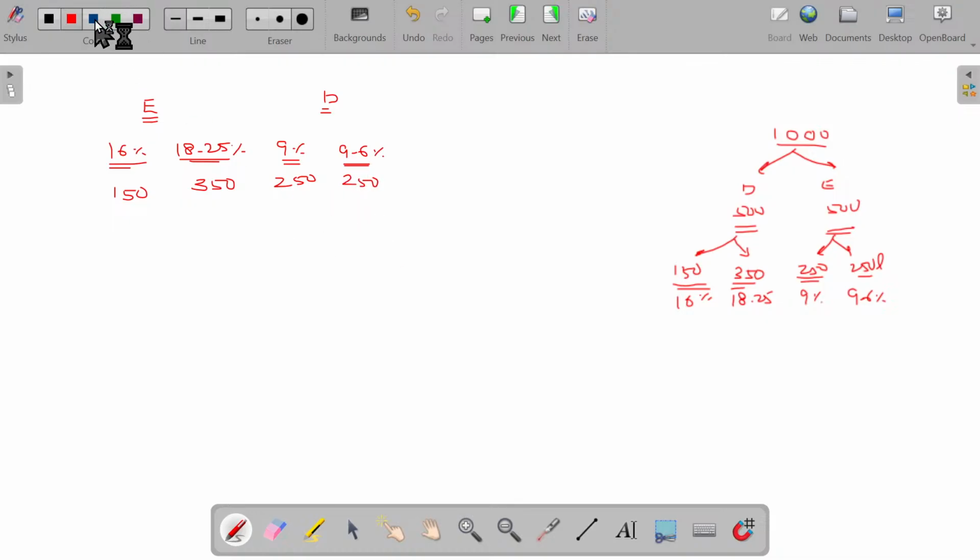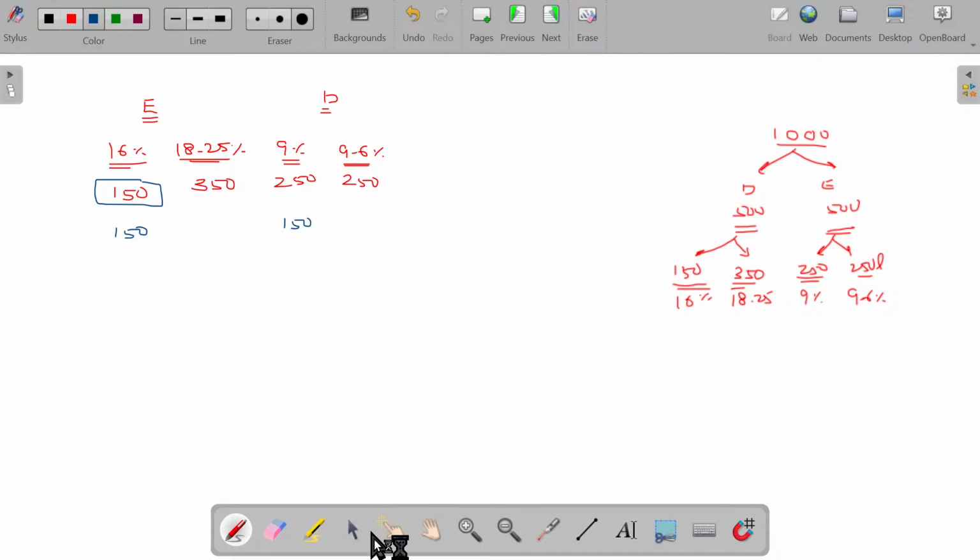So what can I do? If I take 150 rupees equity, the same 150 should be in the debt also. Among the four, this is the lowest one, so I raise 150 equity, and as equity is 150, I have to raise debt also 150 rupees, from the cheapest one.